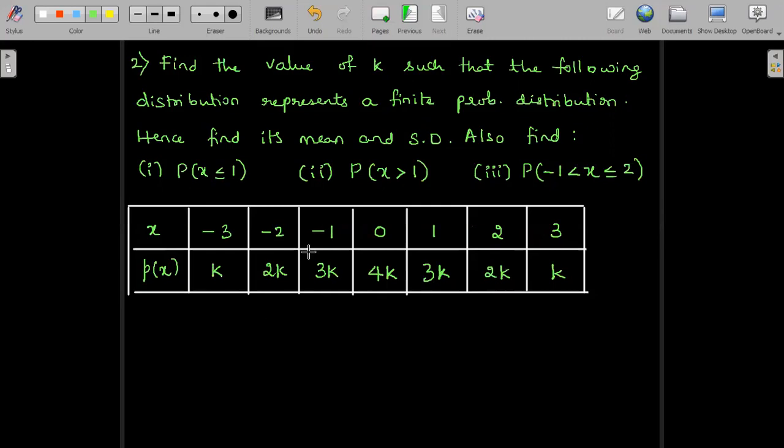So we'll be using the second condition to check whether k, whatever the value of k that we obtain, is a positive value, which automatically satisfies the first condition for us. So after finding the value of k, we are supposed to find out the remaining things in the question, that is mean, standard deviation, probability of x less than or equal to 1, probability of x greater than 1, and x lying between -1 to 2. So let's find out one by one.